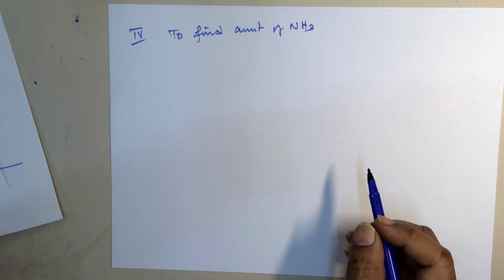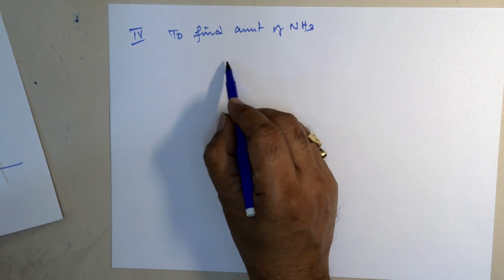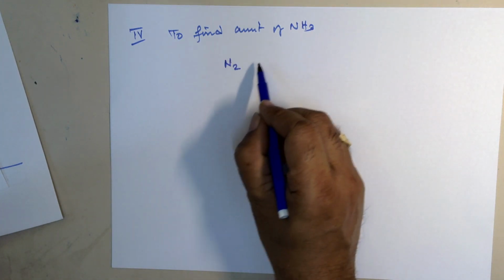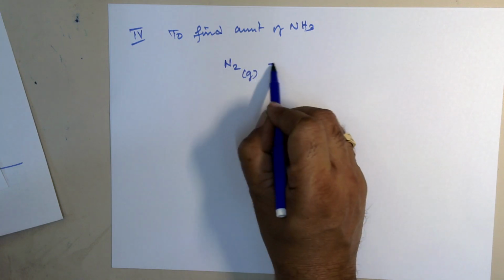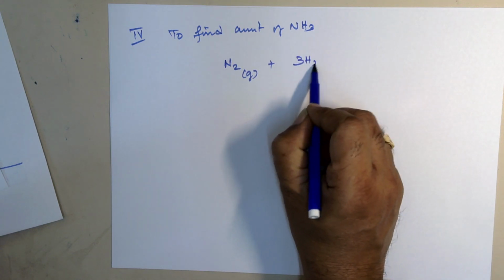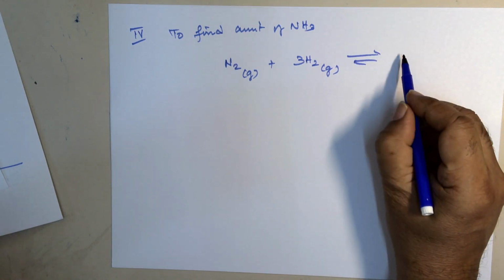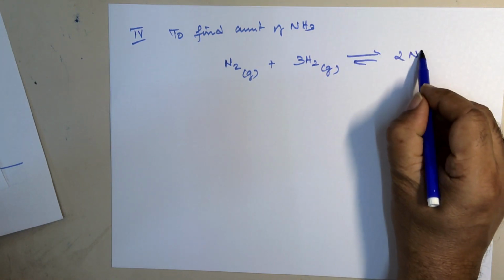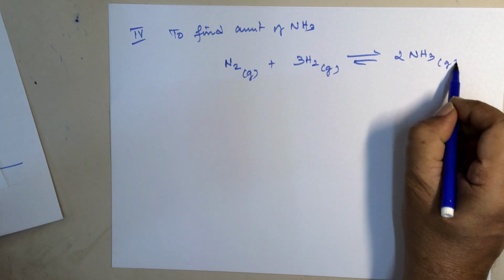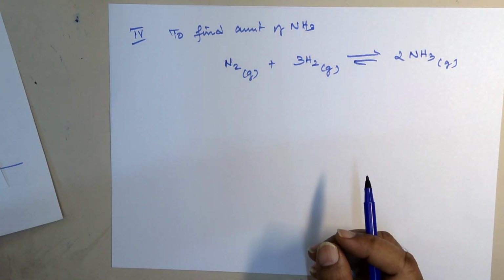Okay. Now let me rewrite nitrogen as gas plus 3 hydrogen as gas that undergo an equilibrium to give 2 moles of ammonia as gas. Okay. Right.